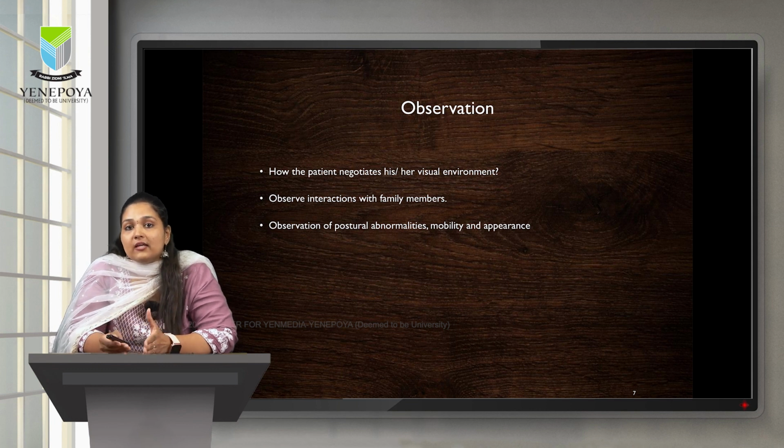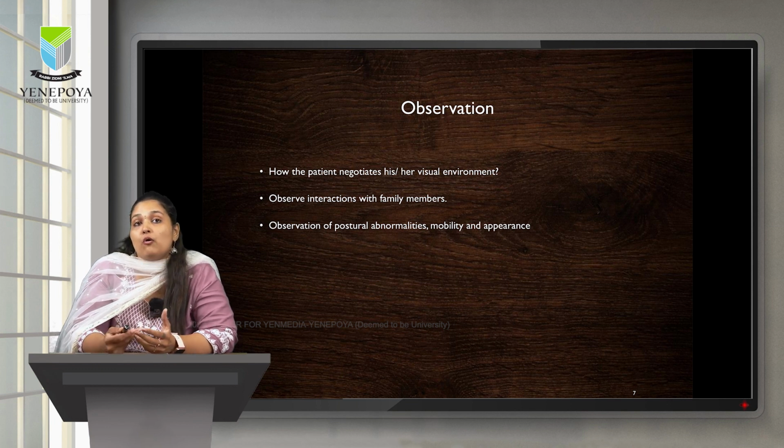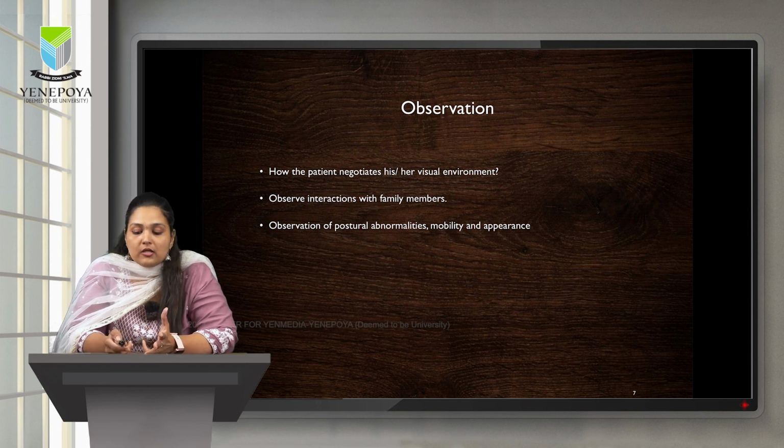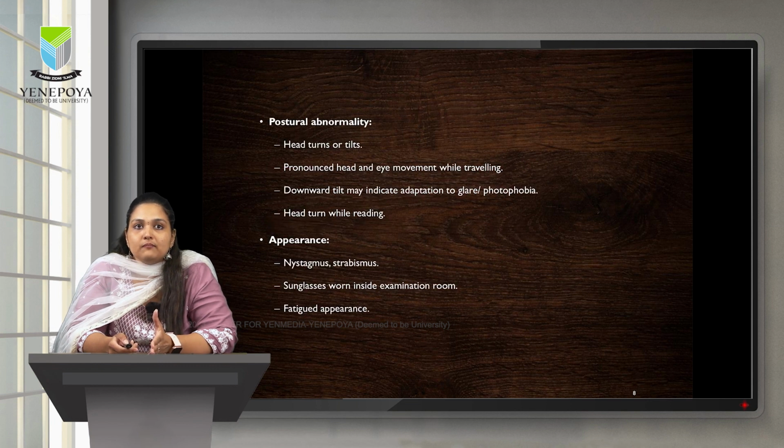From the way they enter the clinic itself, we will get an idea how their family is supporting them, and whether they are mentally depressed because of the low vision condition or not. We have to observe how they interact with their family members, their postural abnormalities, their mobility and their appearance. Now we will see how to identify each one of them.